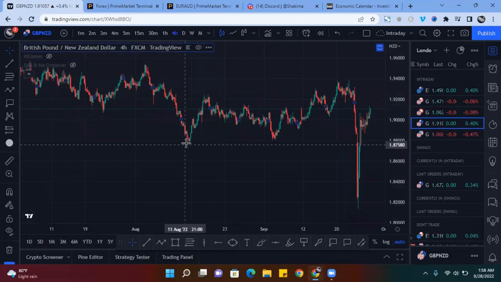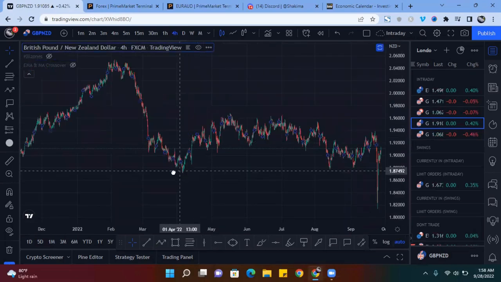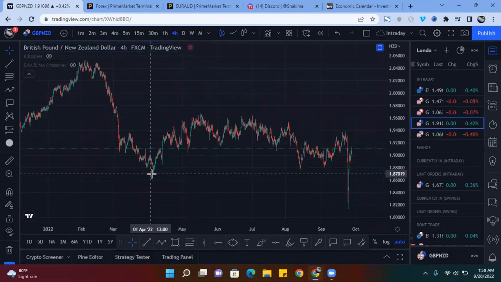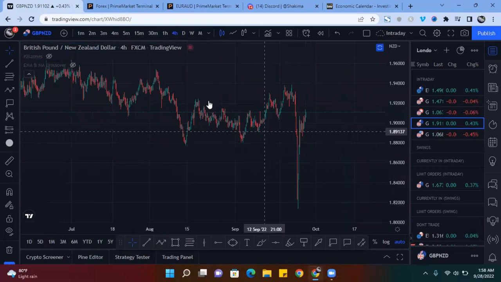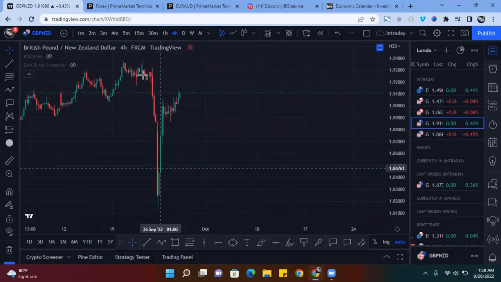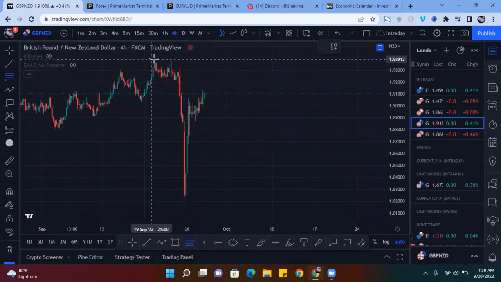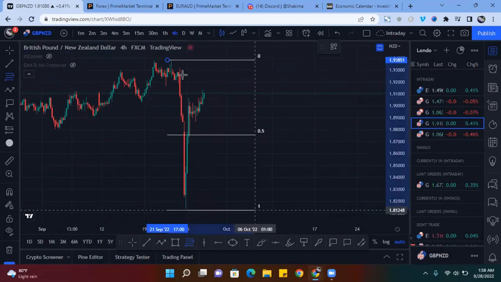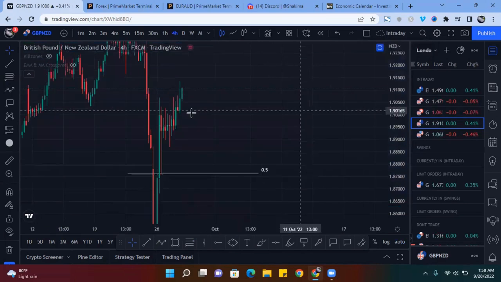If you zoom out, you had a major 4-hour liquidity take right here, external, and then a strong high is currently being posted on this impulse move. So obviously this is going to be your trading range. Since it didn't post a strong high yet, I would say from here to here is going to be your trading range. And then you can see that's coming into deep premium territory for the sell.